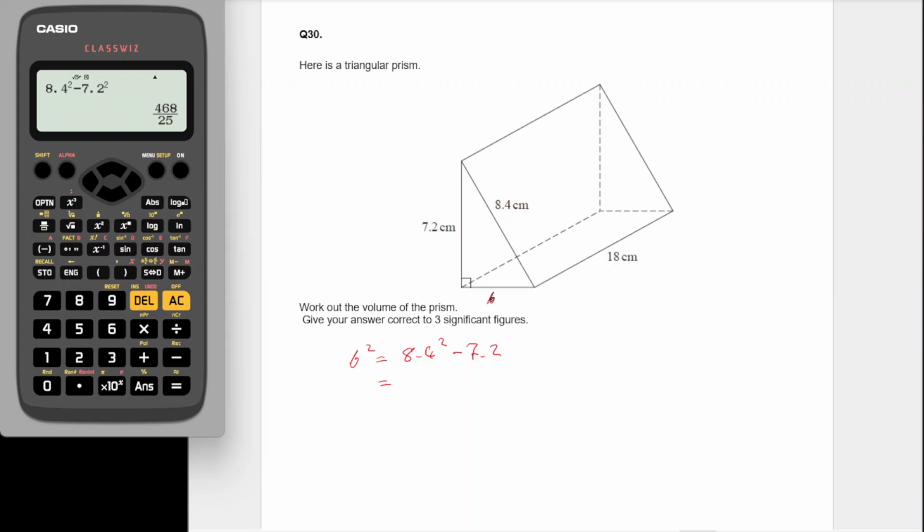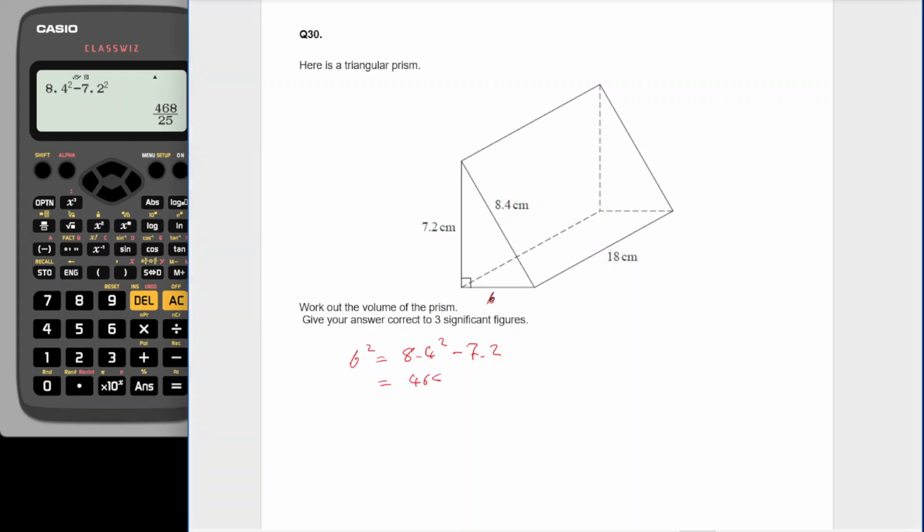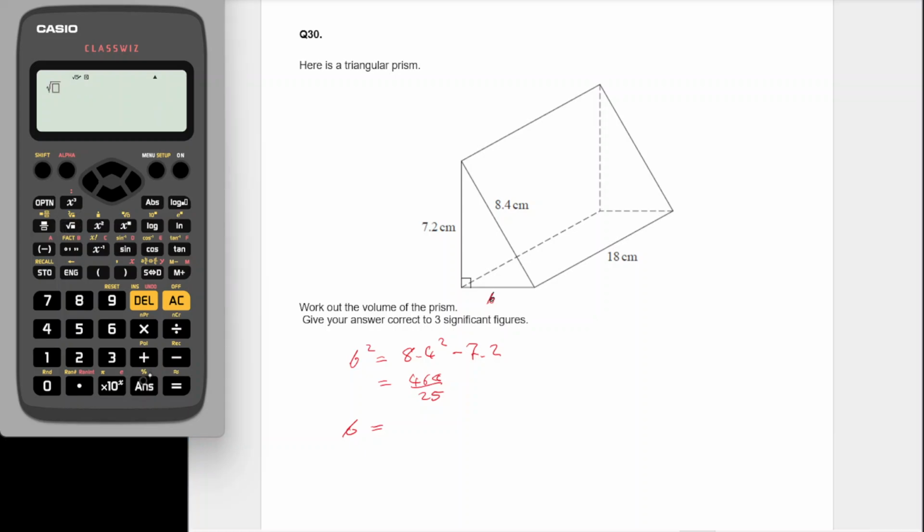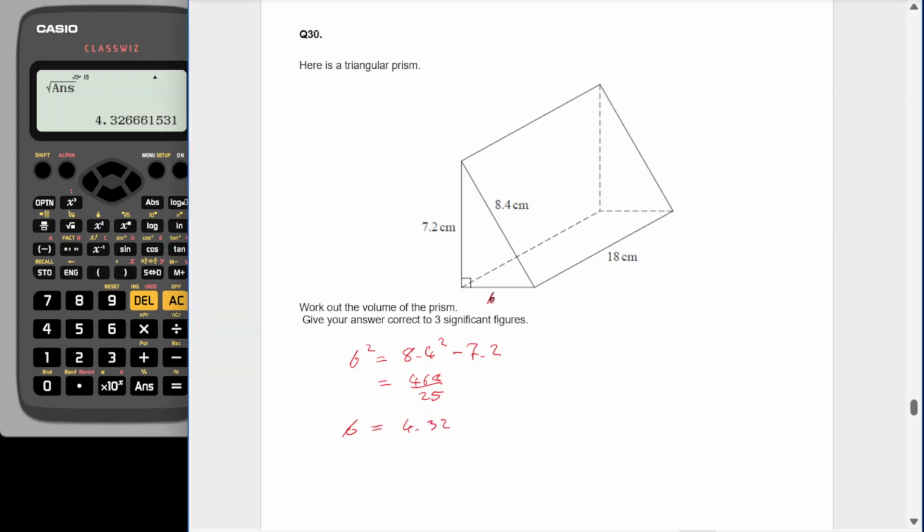So that's going to be 468 over 25. So B is going to be equal to the square root of that. So I will go decimal. So that's going to be 4.3266... Right, the volume of the prism is going to be the area of the triangle, which is a half of base times 7.2.